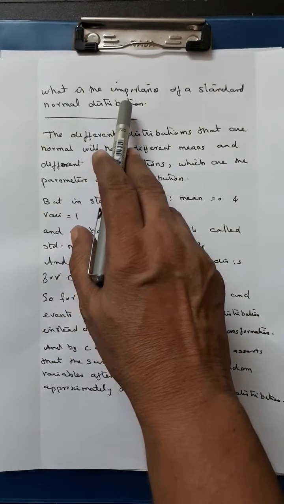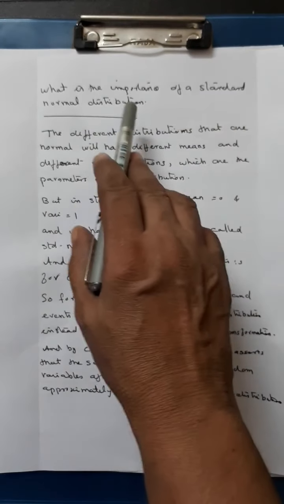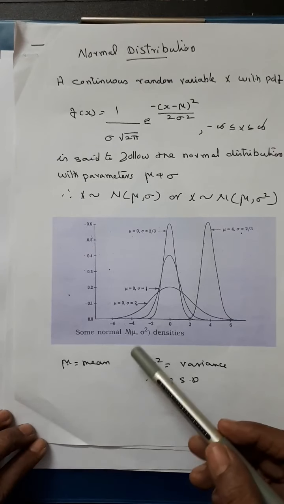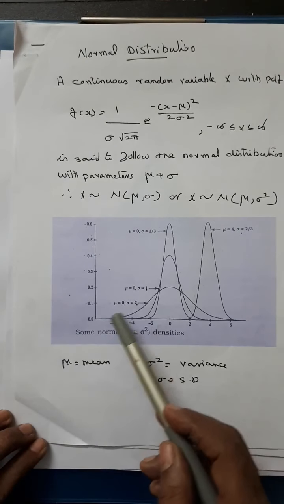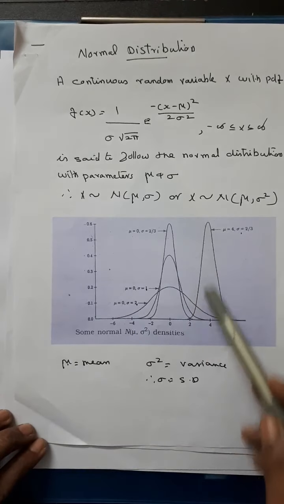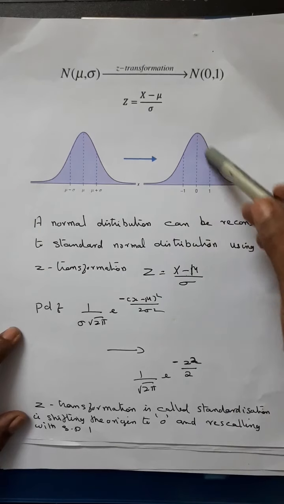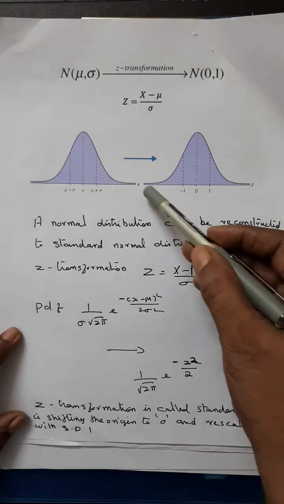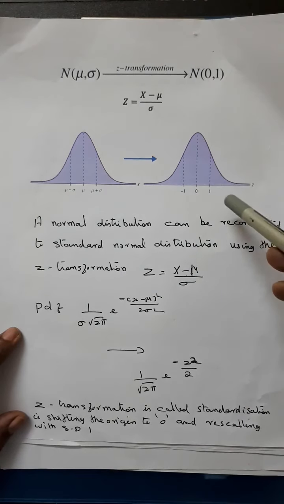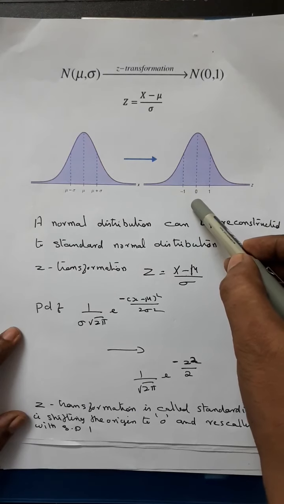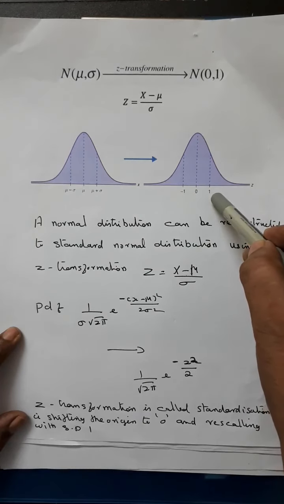Now let us think about the importance of a standard normal distribution. We know that for different values of mu and sigma, we have different curves. But for a standard normal distribution, we have a unique bell-shaped curve like this with mean 0 and standard deviation 1.